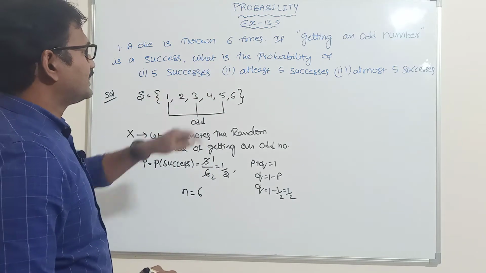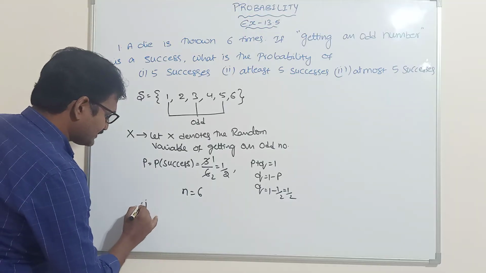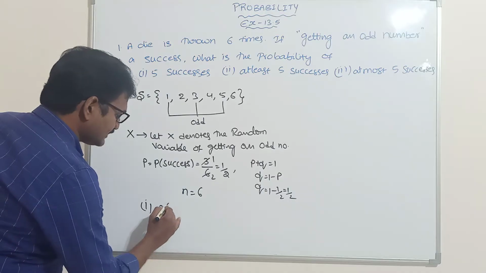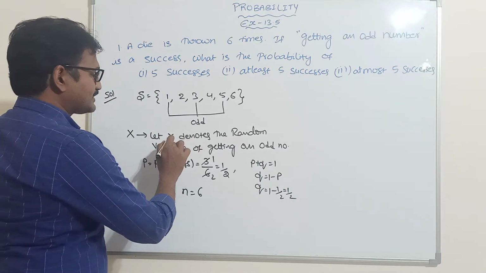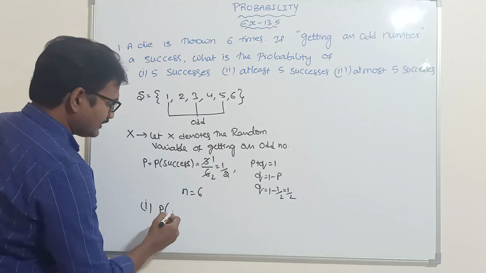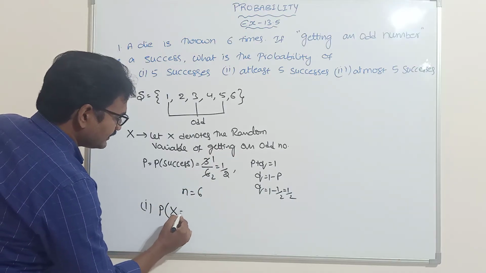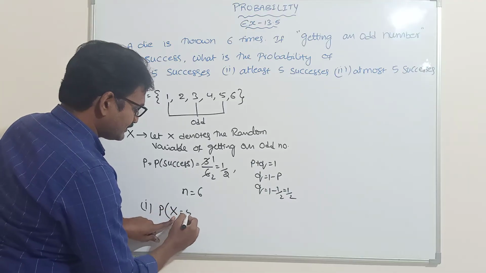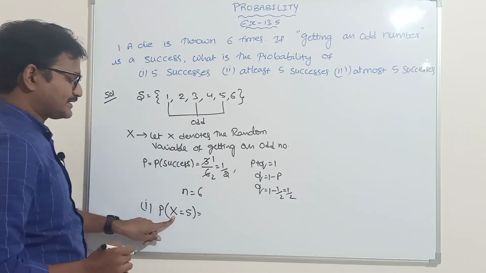Now, what to find? The first question is the probability of 5 successes. Here x denotes getting an odd number. How many times do you need to get it? 5 out of 6 trials.